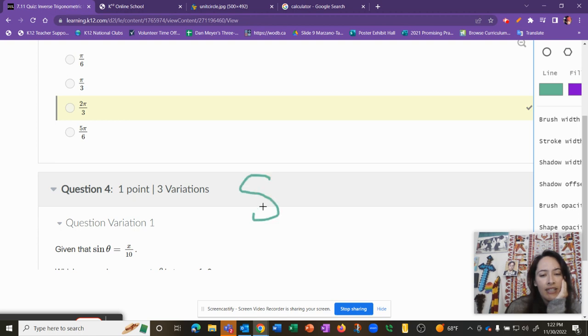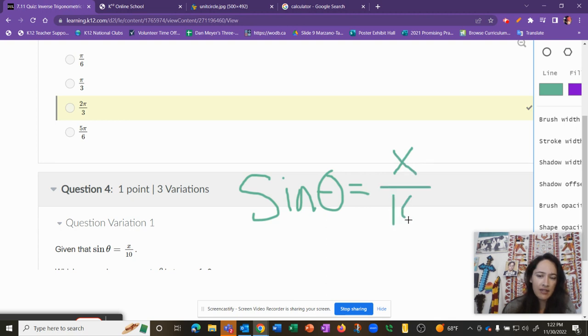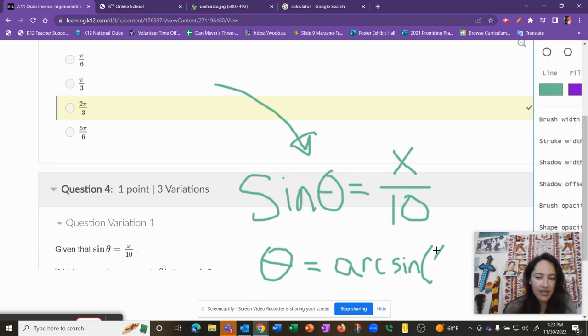So if we're given sine of theta is equal to x over 10, then to solve for theta will equal arc sine or sine inverse, I'll write that too, of x over 10. That makes sense.